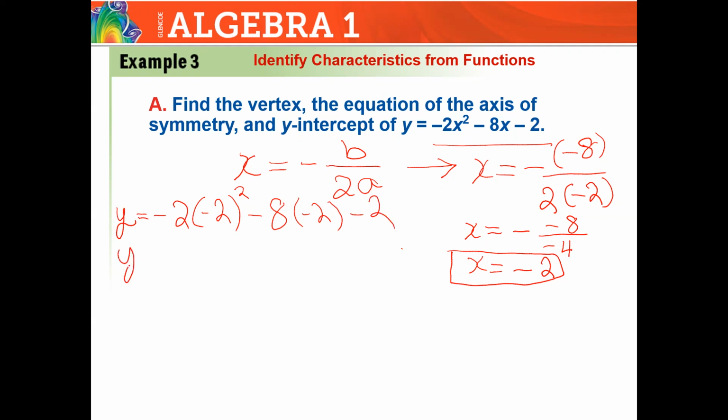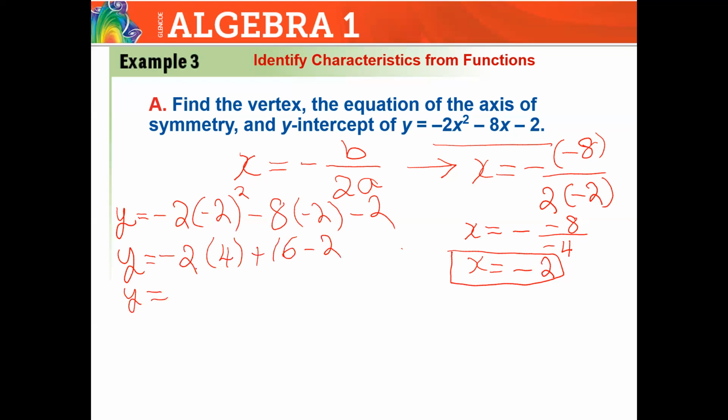Okay, if you are going to use your calculator, please make sure that you put the negative values in a bracket. So negative 2 multiplied by 4, since negative 2 times negative 2 is 4, minus 8 times negative 2, or negative 8 times negative 2, is positive 16, minus 2.